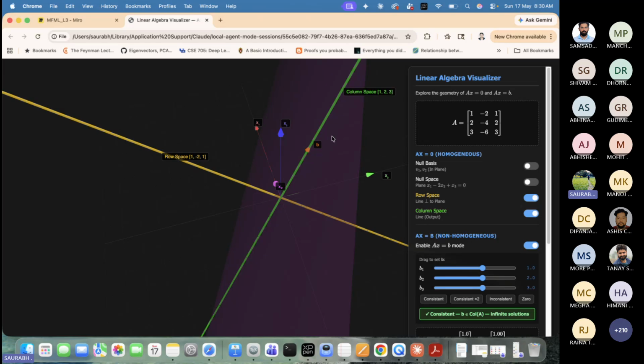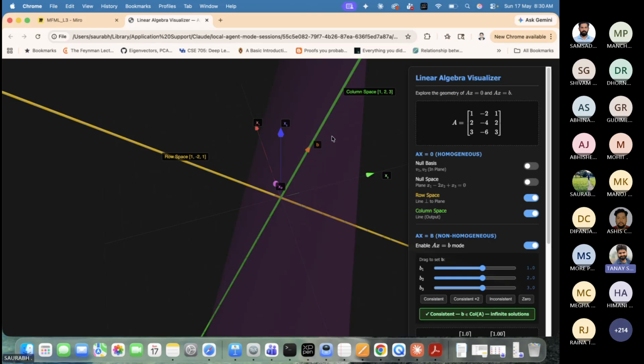Column space is the dimension space, the feature space, you can call it. The column space is the feature space, where all the features in machine learning, whatever model you're building, let's say you build the models on certain features, right? The column space is the feature space that you have.